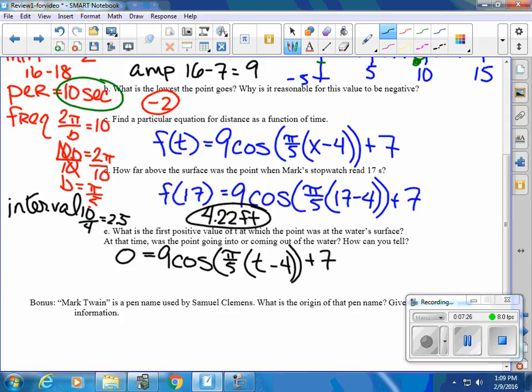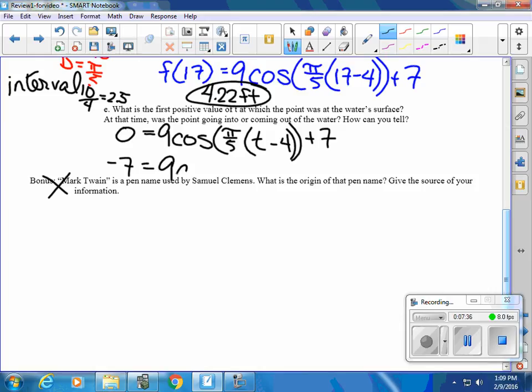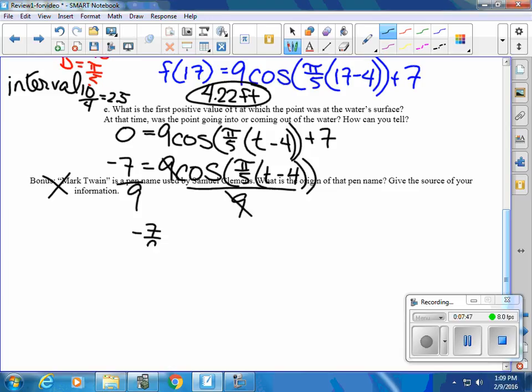And so I would subtract 7 from both sides, and so on. So let's do that. Let's ignore this bonus here, because we're not doing that anyway. So we have -7 equals 9 cosine pi over 5, t minus 4. Divide both sides by 9. Basically, it's like cosine is the variable. And I'm just going to leave that as -7/9.